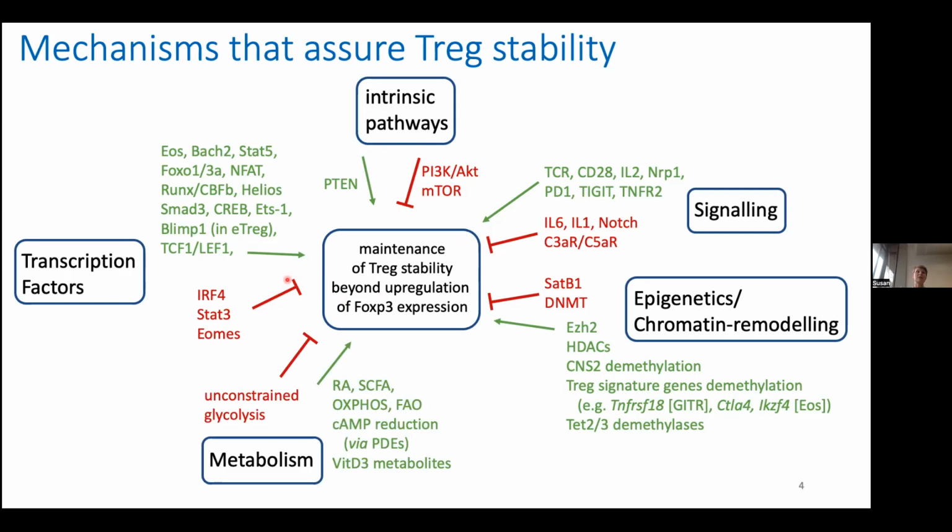PI3 kinase AKT is also downstream of glycolysis. Unconstrained glycolysis is actually not very much in favor of Treg stability. They rather prefer OXPHOS.